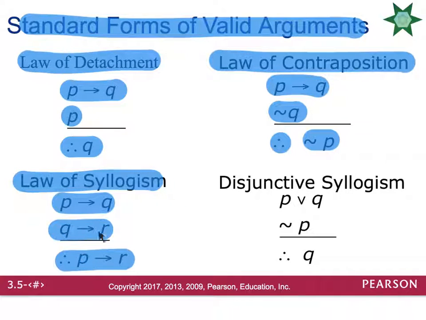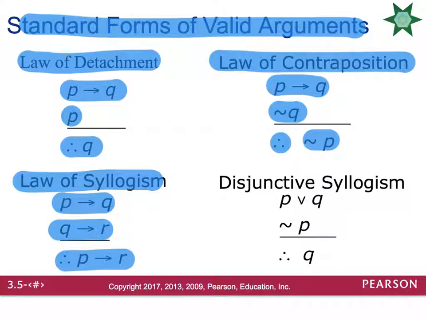The conclusion says if both of these are established as premises, that if P then Q and if Q then R, then we can also say if you pass exam 2, then you will graduate. Because this implies that if you pass exam 2, you will pass the class, and then it says if you pass the class, then you will graduate. So it's kind of like dominoes. These are dominoes stacked up, and if this knocks this one over, then this one will knock this one over, which means this one will knock that one over.